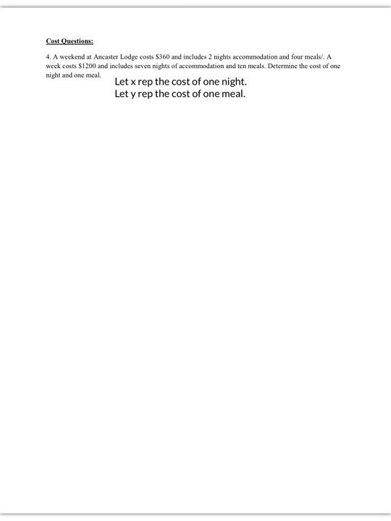So we're going to set up our equation. So let's look at the first bit. It says $360 is equal to 2 nights and 4 meals. Again, x represents 1 night, y represents 1 meal.